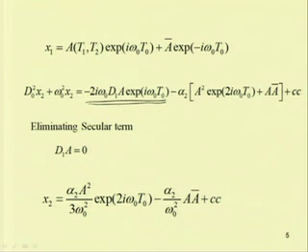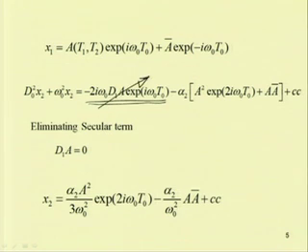To eliminate this term, one finds that d 1 a equals 0, that is, making this term equal to 0. One can then find this expression for x 2: x 2 equals alpha 2 a square by 3 omega 0 square e to the power 2 I omega 0 t 0, minus alpha 2 by omega 0 square a a bar, plus its complex conjugate.